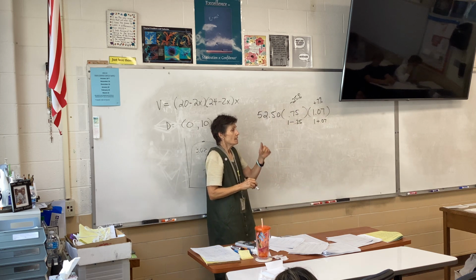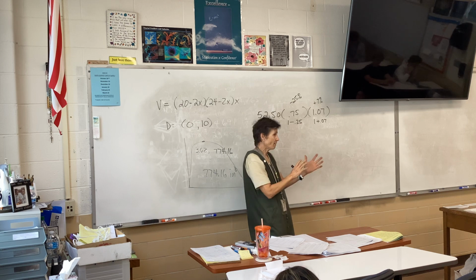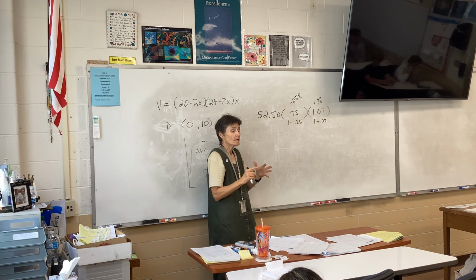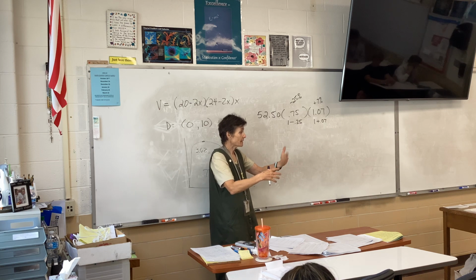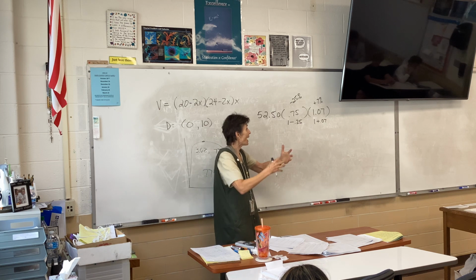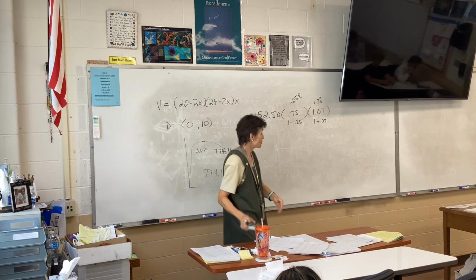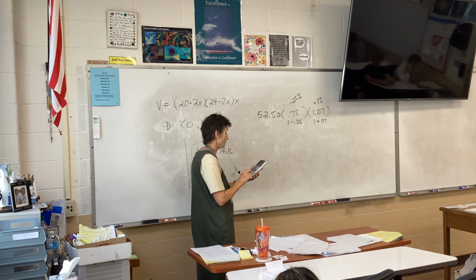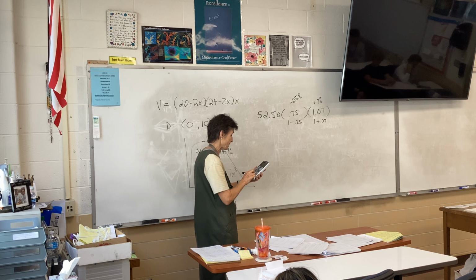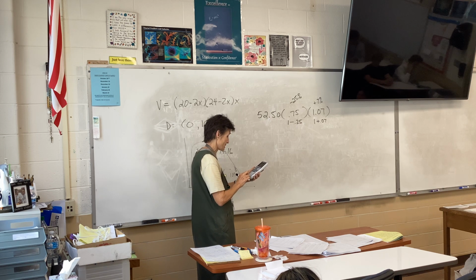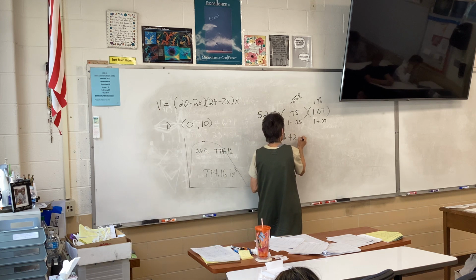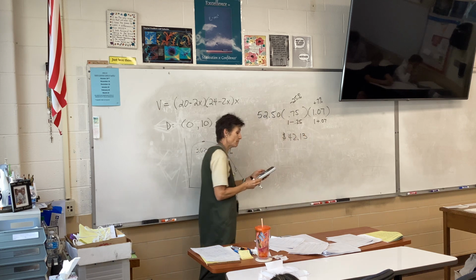Remember, if it's coming off a discount, you subtract it from 1. If it's an add-on, tax, tip, whatever, you add it to 1. So the answer to the question, real simple, is 52.50 times 0.75 times 1.07, which is $42.13. Is that what you said? Yep, that's right. That's how much it's going to cost.